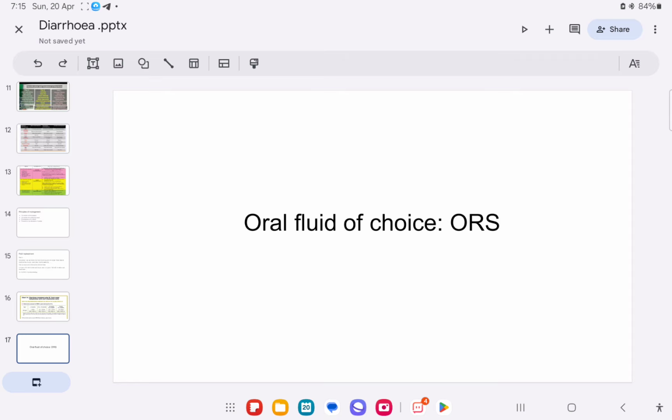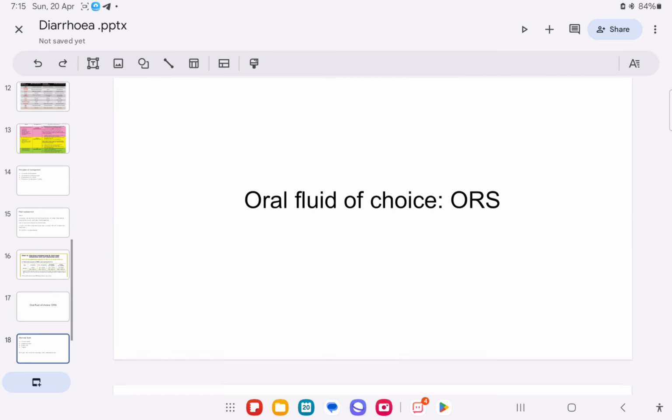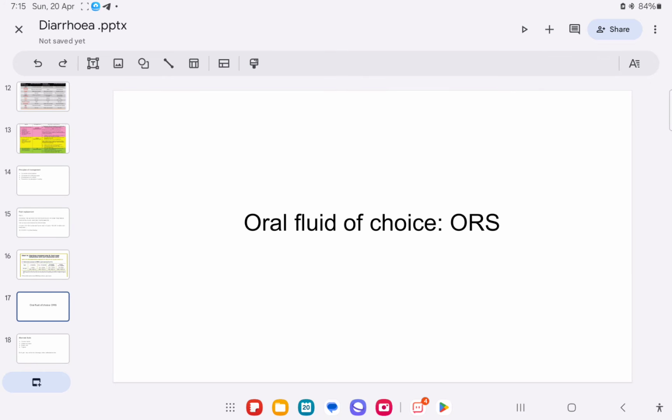Now, the oral fluid of choice in diarrhea is ORS. Do you know the composition of ORS? As per the WHO ORS formula, ORS packets come in 25 gram, 0.5 gram packets, and the composition in milliequivalents is not so important. Just remember, sodium is equal to glucose, that is 75 milliequivalents.